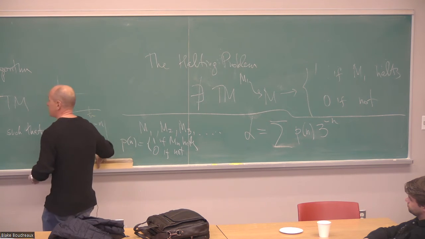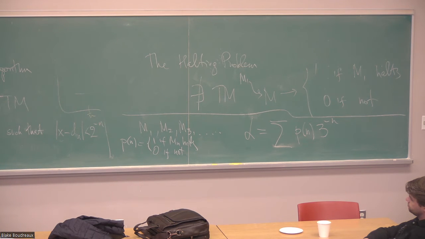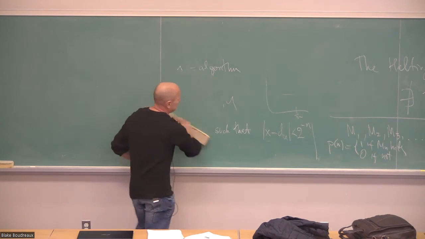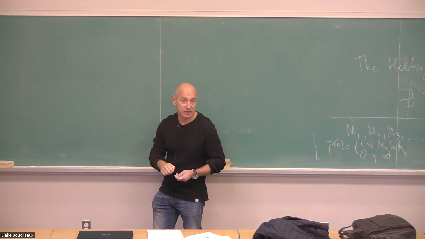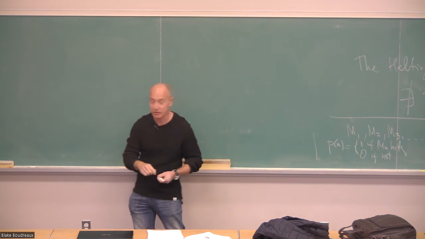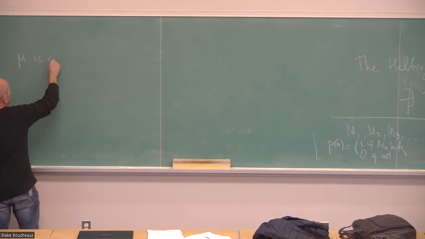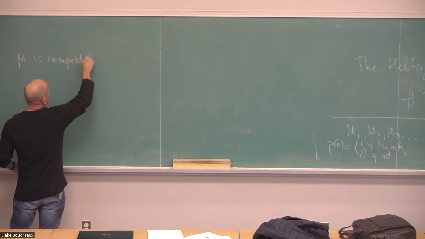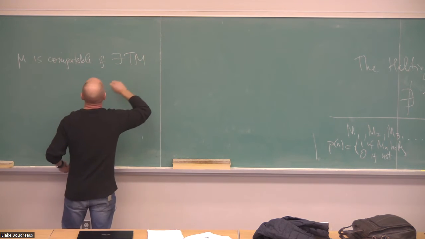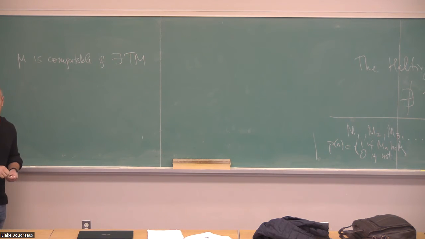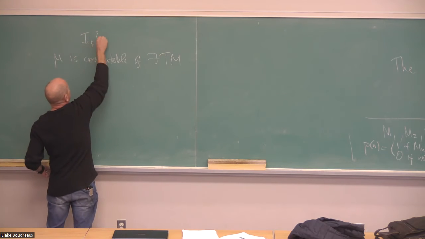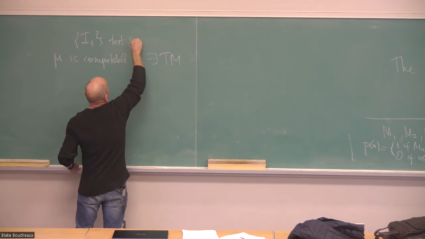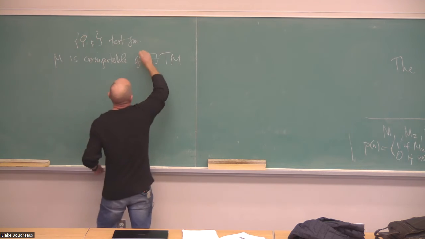So here's a definition with measures. We'll simply say mu is computable if you can integrate against mu with finite precision. So mu is computable if there exists a Turing machine. And let's just pick some set of test functions. I don't care what they are, Lipschitz, piecewise linear, whatever. Phi k will be my test functions.